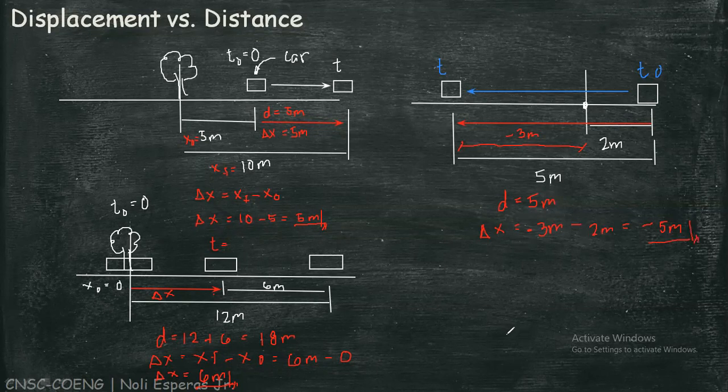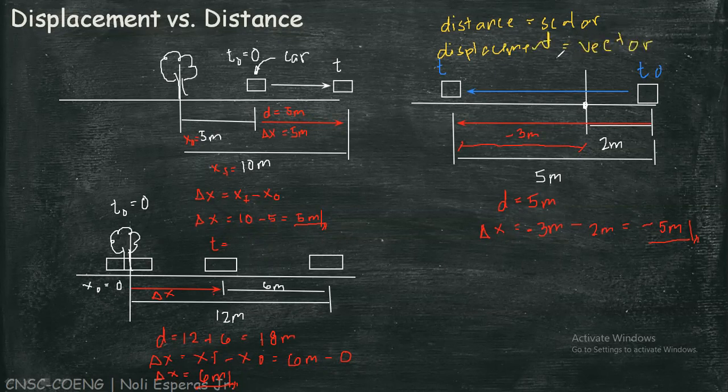So we have to take note of this. Distance is a scalar quantity, while displacement is a vector quantity.